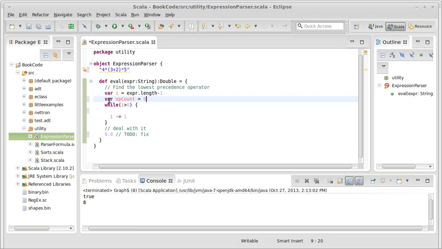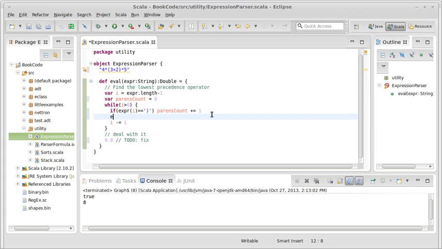So I'm going to create a variable called parens count, and right off the bat, if the ith element of expression is a close parenthesis, then I'm going to take parens count and add 1 to it. Students will also often ask why I add 1 for this and then subtract 1, which is what I'm going to do else.